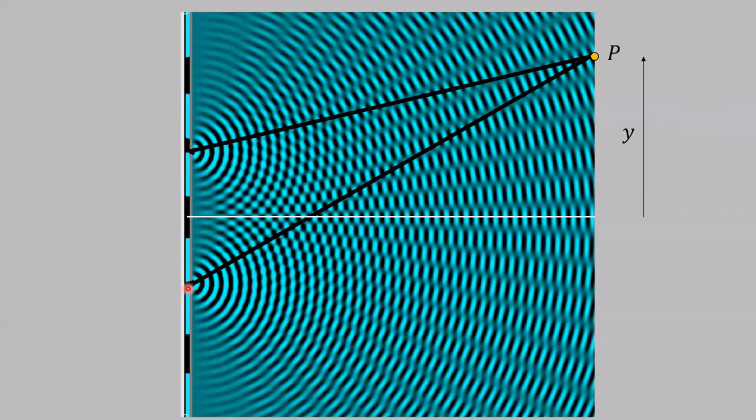Maybe I shouldn't say axis of the sources. That's not a phrase that your book uses. The line segment joining the sources. Just bisect that with the perpendicular line. And over here is the origin for our y-axis. And we've already determined that there's a bright fringe in the forward direction. That's the y sub 0 location.